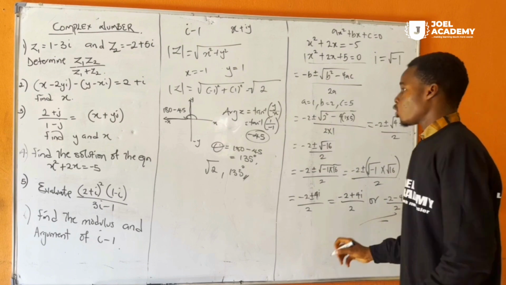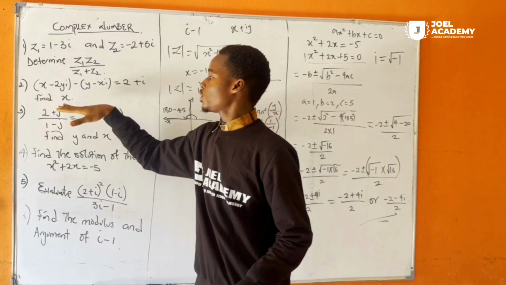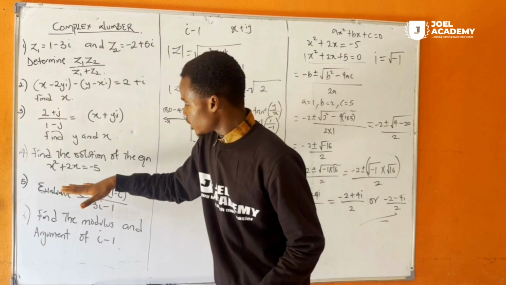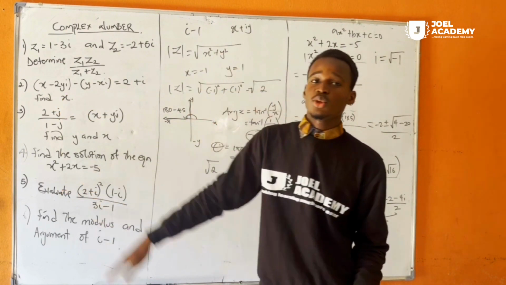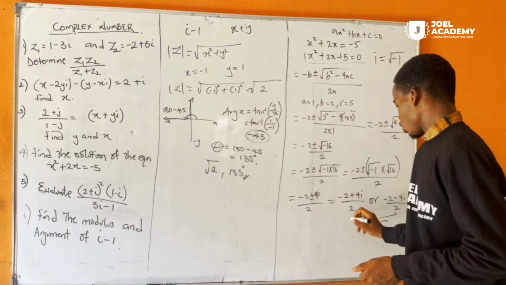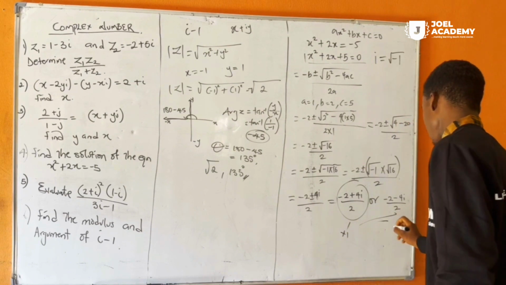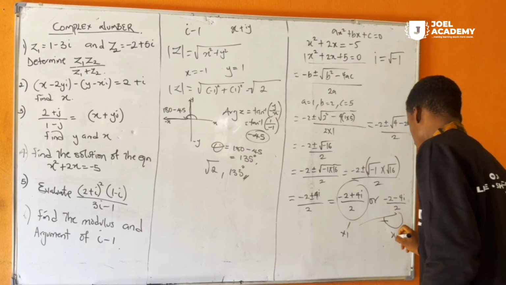This becomes the roots of this equation, which are the values of x. So we can say x1 is equal to this, and x2 is equal to this.